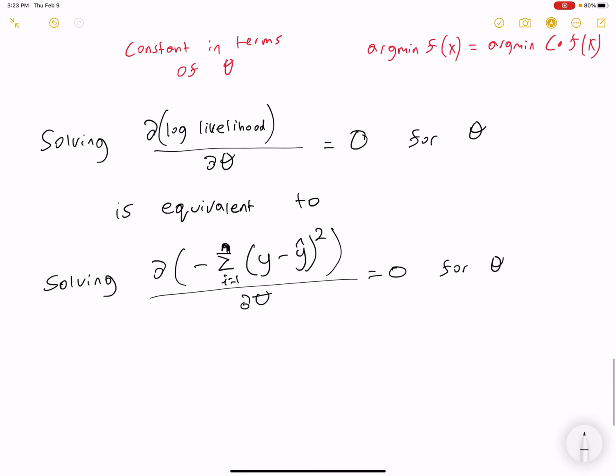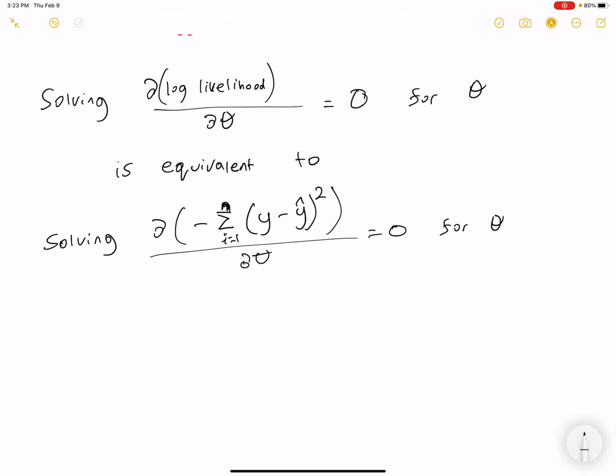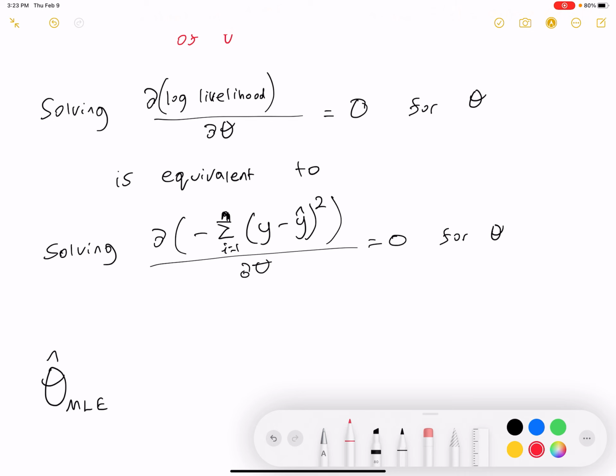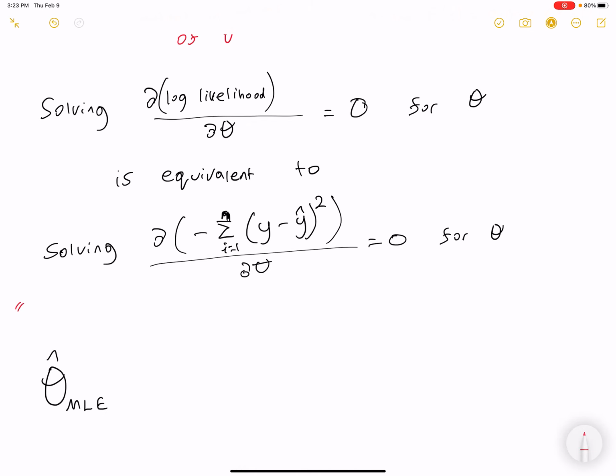And therefore, our maximum likelihood estimate for the parameters, and this is just a common math way of writing maximum.